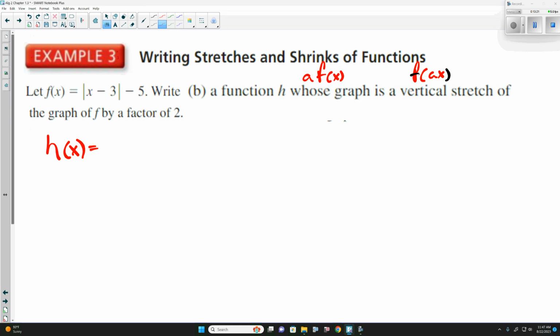Which one do we want to use for this one here? Is a going to be inside the parentheses or in front of the function? In front. Vertical is our a times f of x. So for this one here, what is our value of a?